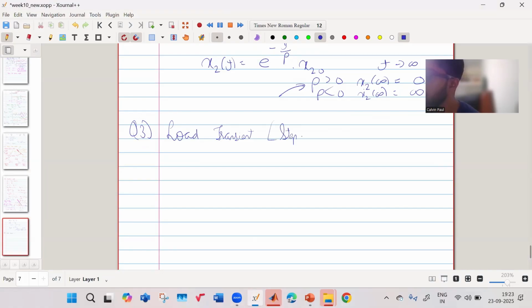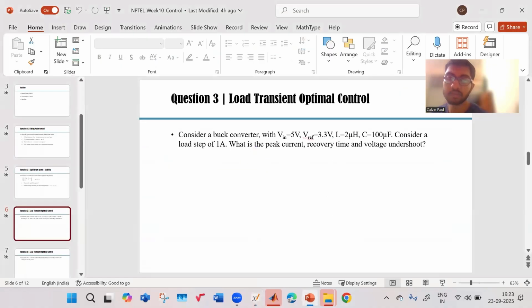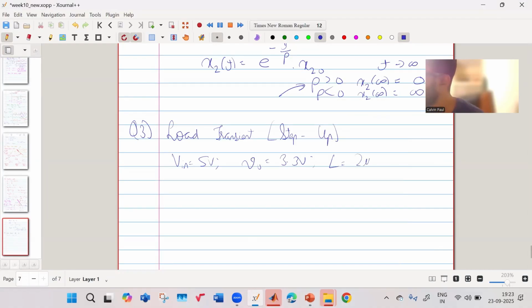Step up. You have your input as 5 volt, Vout is 3.3 volt, L is 2 microhenry, C is 100 microfarad, and your change in step, delta I naught, is 1 ampere.